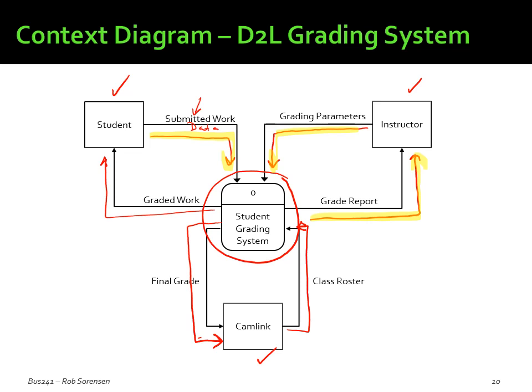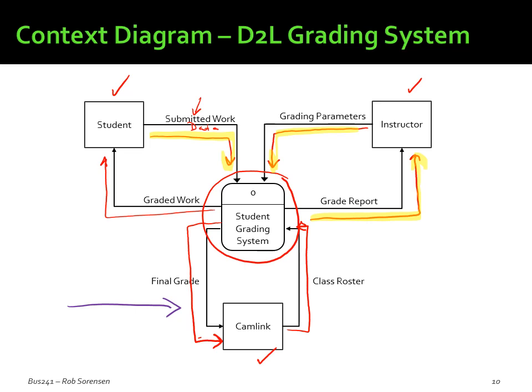All right. This is already an interesting document because I can point out to someone a big flaw. I can say, look, that very last one here doesn't happen automatically. Instructors have to open D2L on one side of their computer screen, CamLink on the other, and then manually type the grades. That's wrong in so many ways.